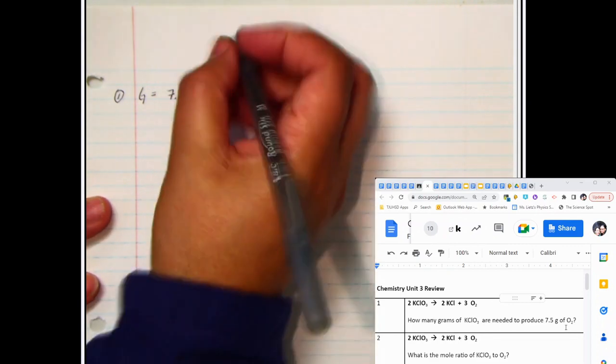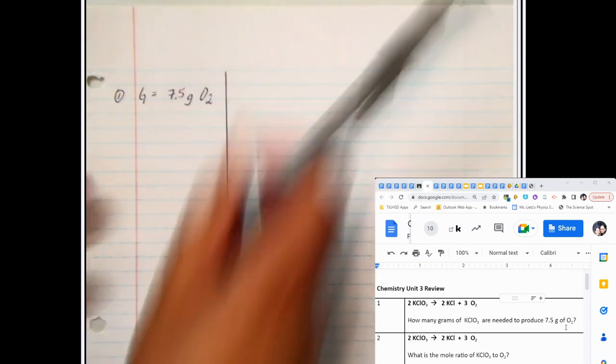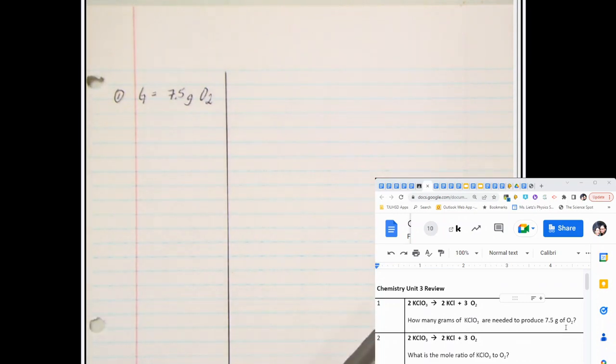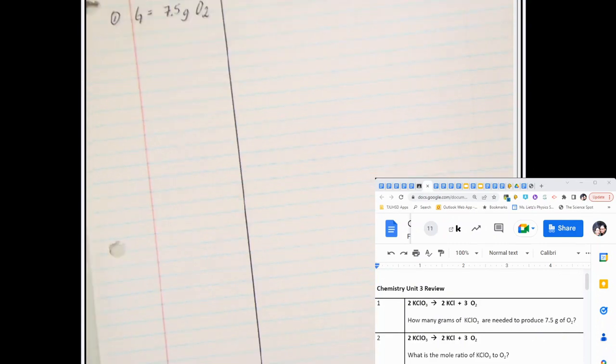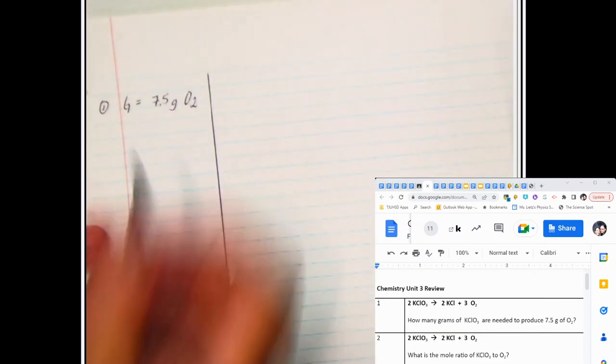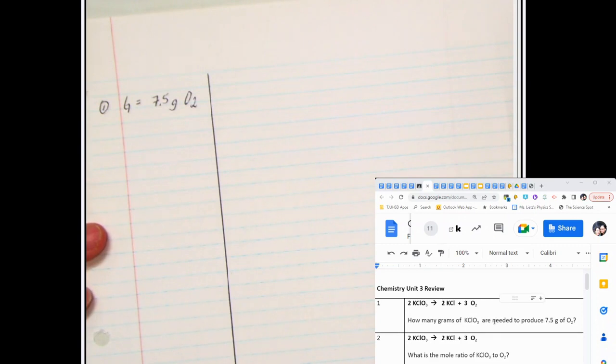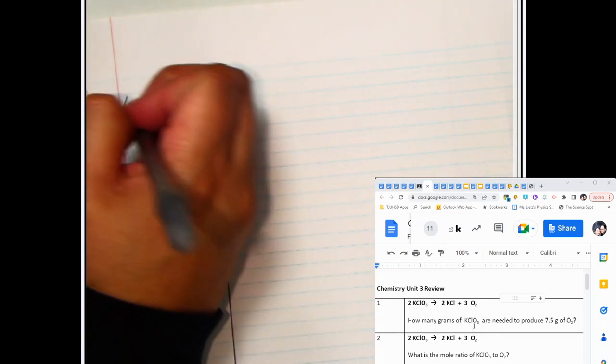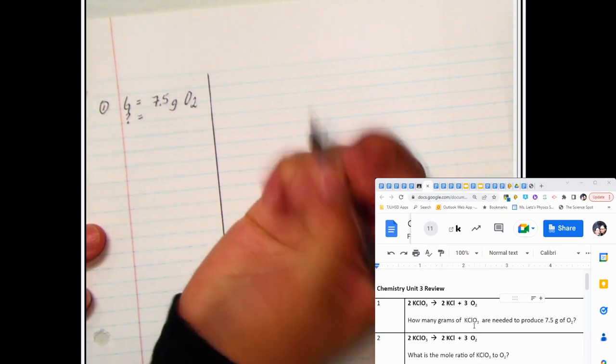It's O2. Okay, and then what are we looking for? Okay, so grams of KClO3, that is our question. That's what we are looking for.